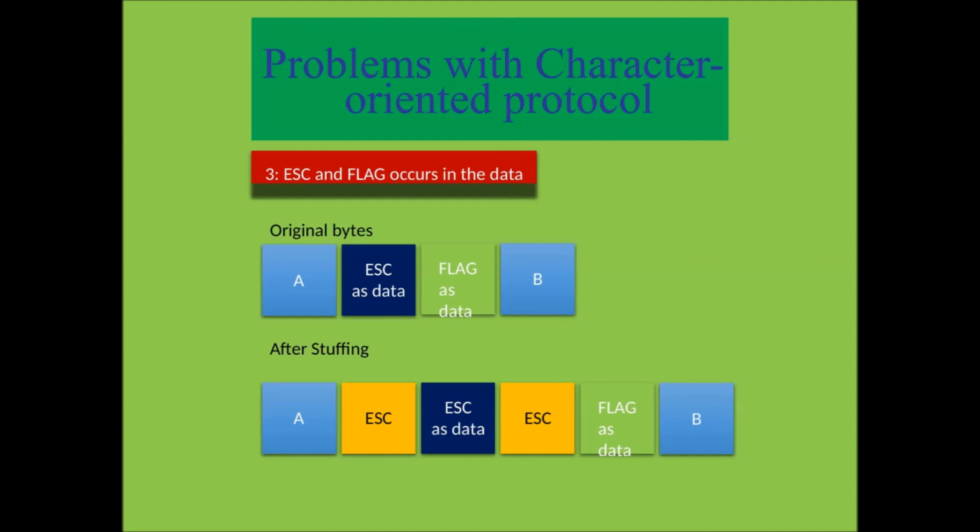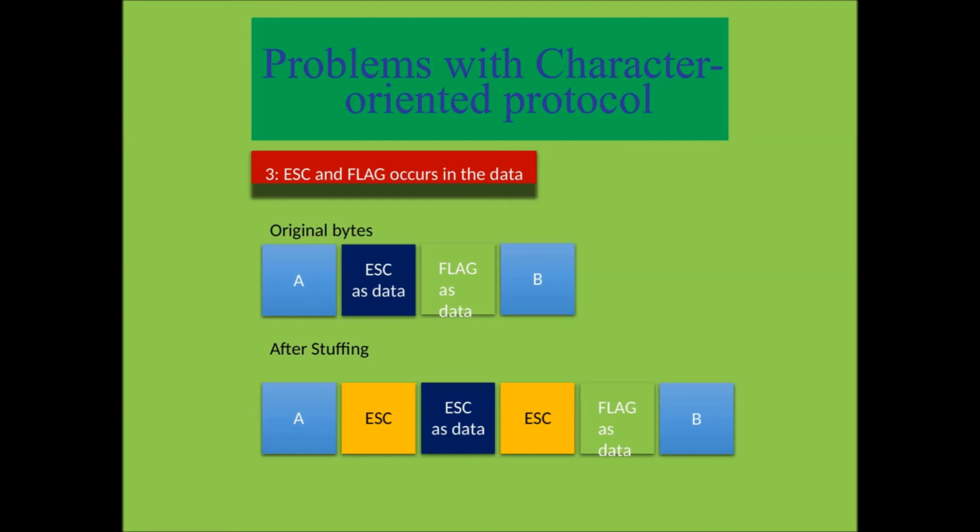Again, a problem with character oriented protocol: escape and flag occur in the data. In this scenario you can see two original bytes A and B, and there is a flag as data which is the same as B, and we have inserted escape as data. But after inserting escape, now escape and flag as data are the same. Now we have to resolve this issue.